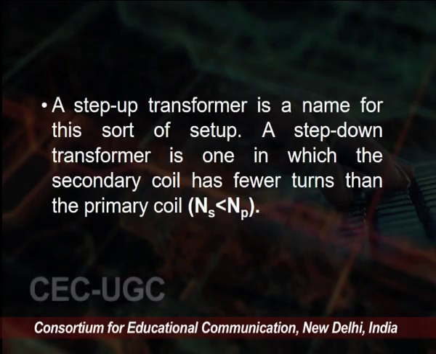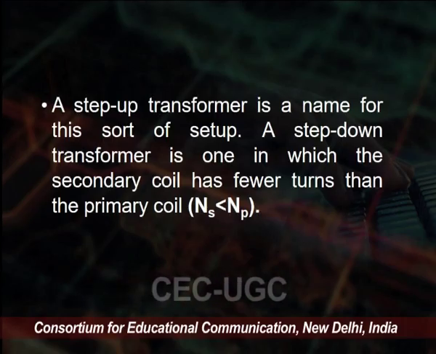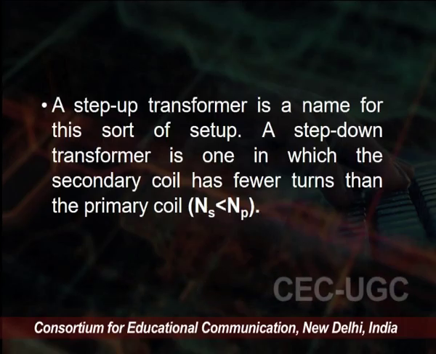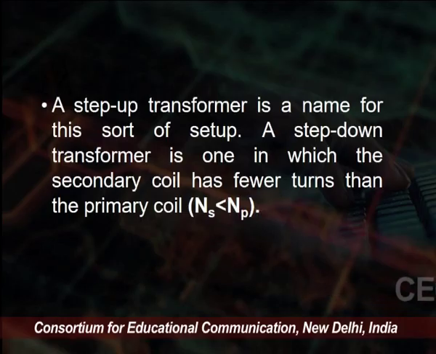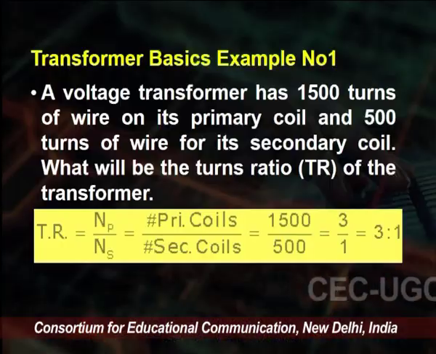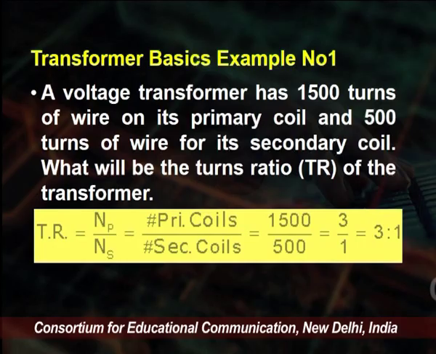A step down transformer is one in which the secondary coil has fewer turns than the primary coil. Another way we can calculate it, you can see on the screen. You have seen in the previous picture N ratio 1, that defines the transformer ratio, N being the number of coils defined there.